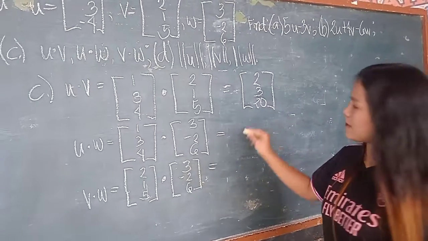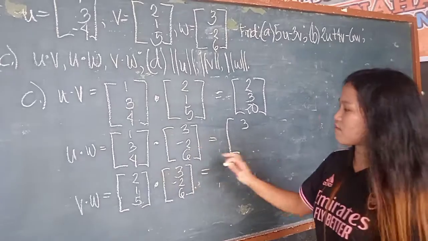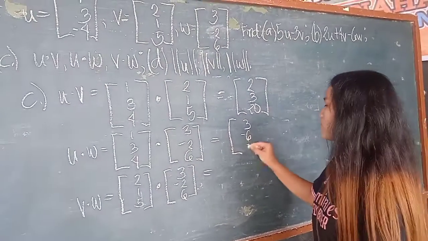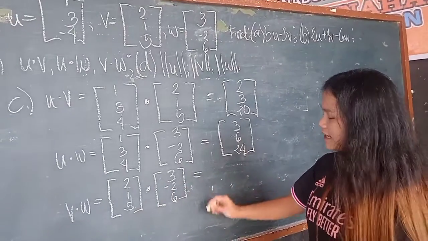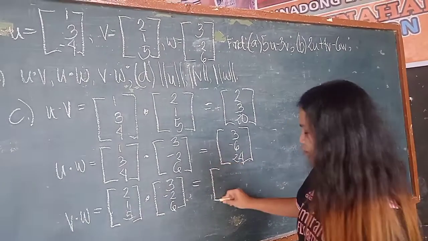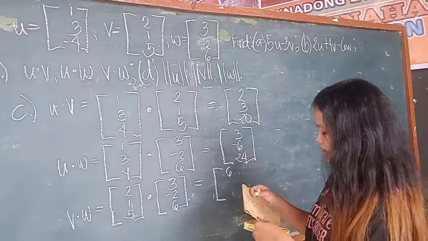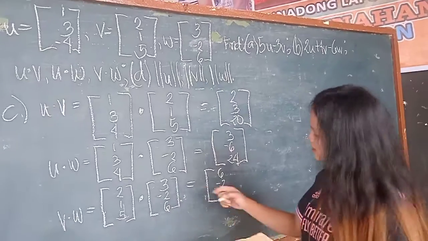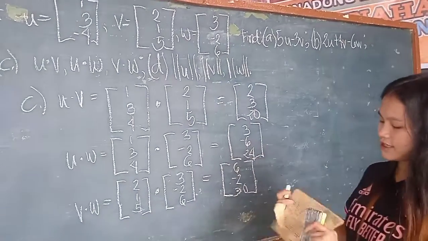For u times w, 1 times 3 is 3, 3 times negative 2 is negative 6, and 4 times 6 is 24. For b times w, 2 times 3 is 6, 1 times negative 2 is negative 2, and 5 times 6 is 30. And that's it for letter C.